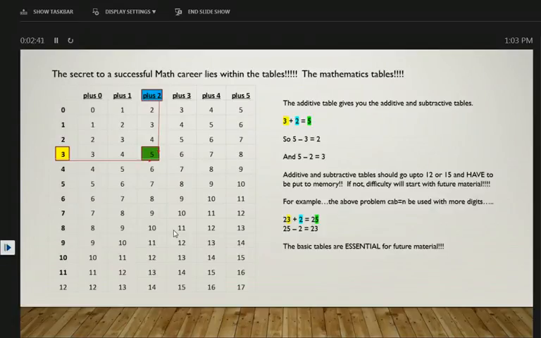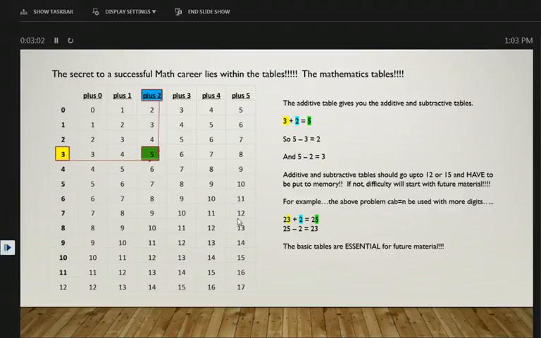Because I bet you in this room, that if I asked you what 5 times 6 is, some of y'all have to sit there for 3 or 4 seconds and remember. 5 times 6 is 30. 30 divided by 6 is 5. 30 divided by 5 is 6. You shouldn't be doing that.